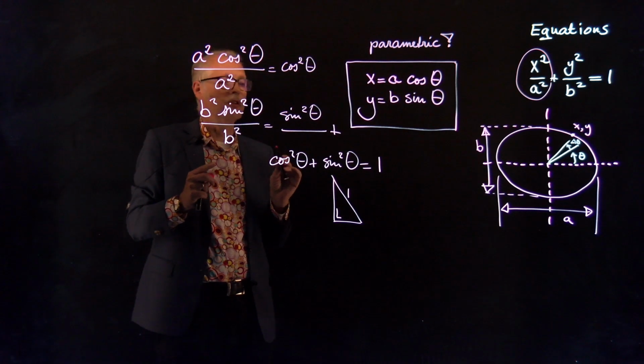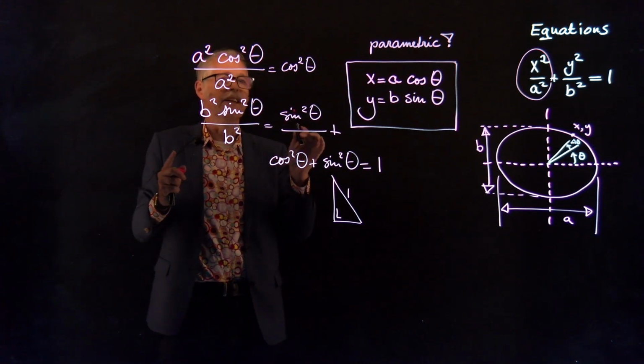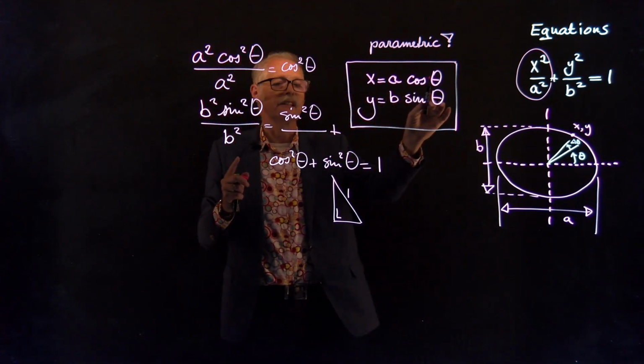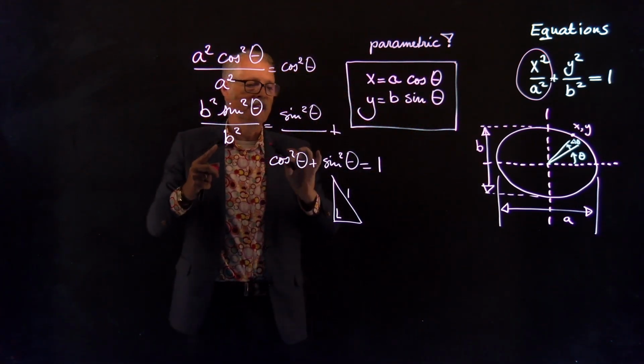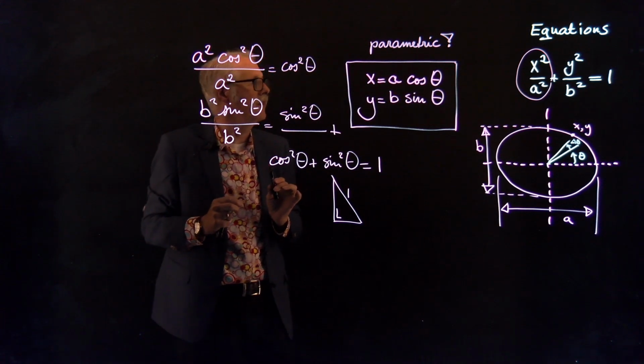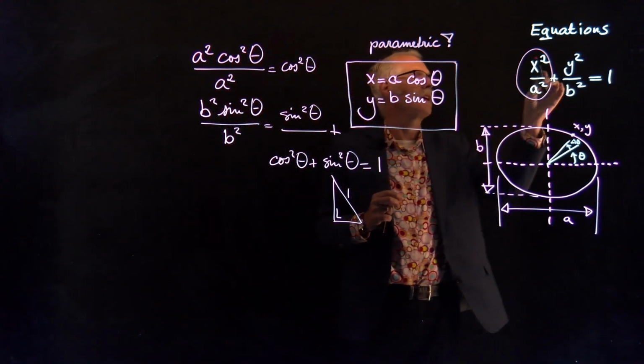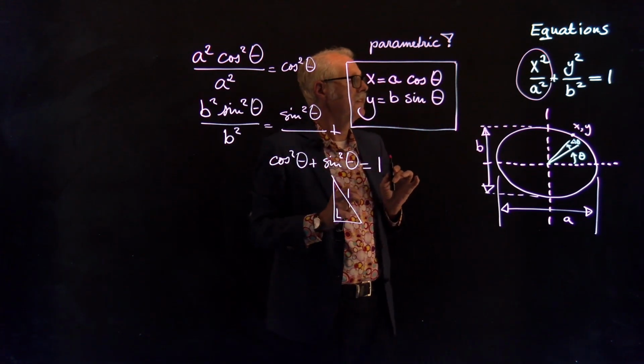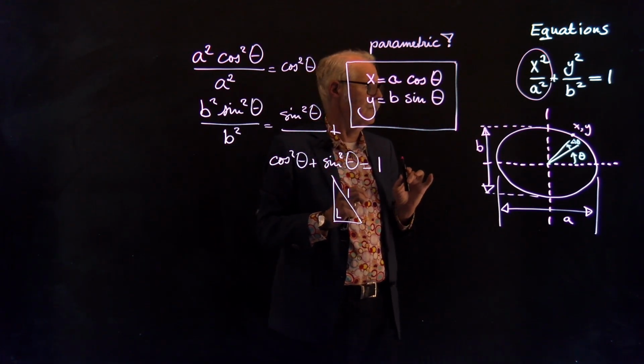What this shows is that indeed, if we calculate starting from the parametric equation, by some manipulation we have gotten rid of the theta and we have recovered the general equation. So you can feel confident that this works correctly.